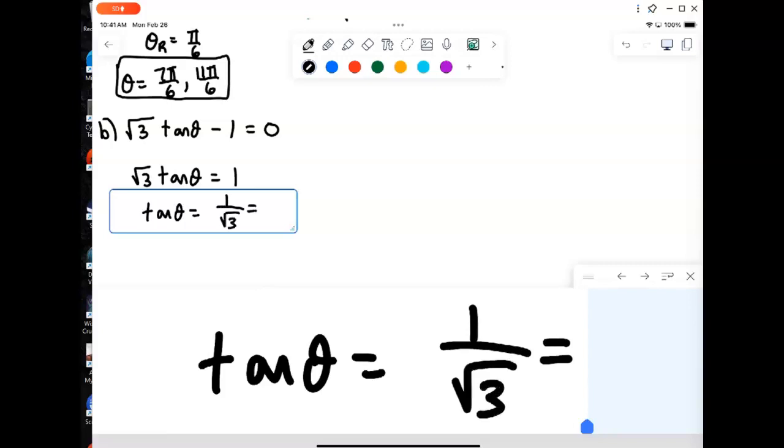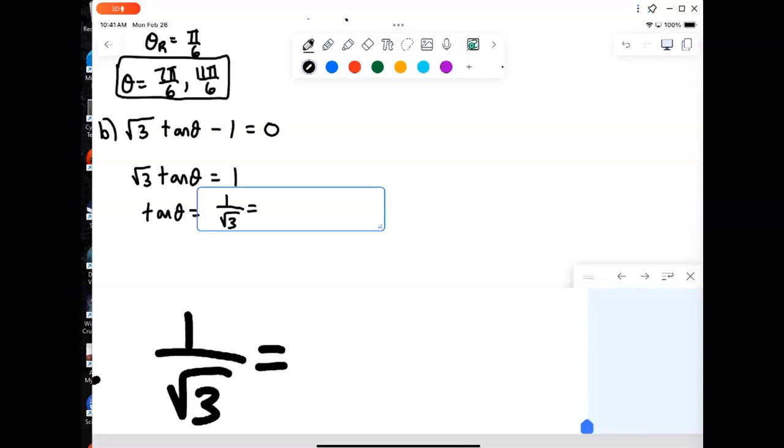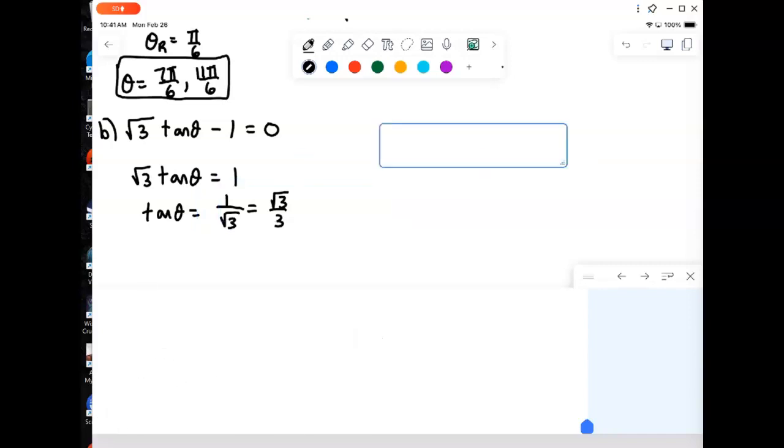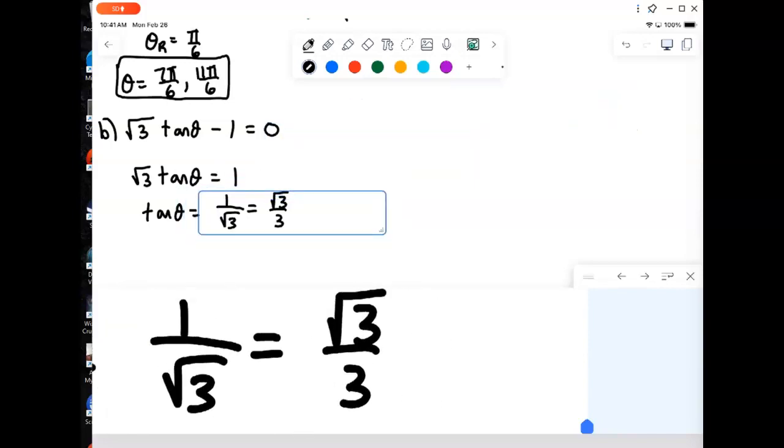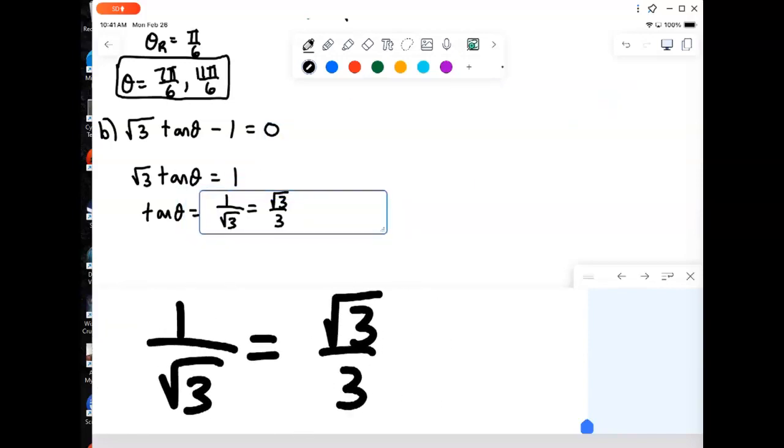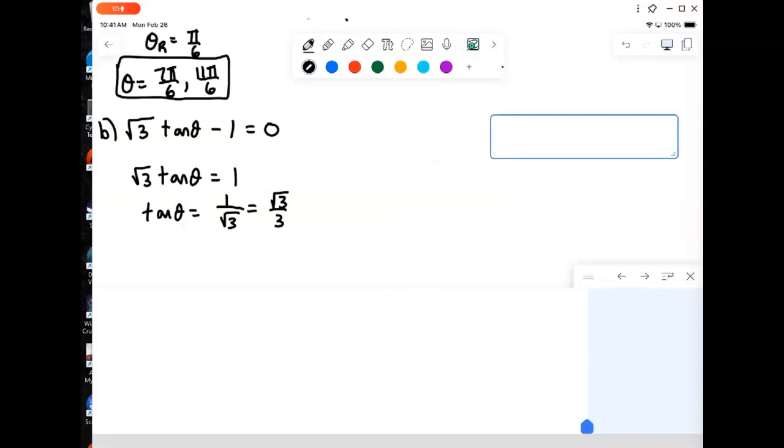We get 1 over square root of 3, and we can rationalize that as square root of 3 over 3. We just have to remember which angle that is. If you have trouble keeping track of those, just remember your sine and cosine. We have two choices here, either pi over 6 or pi over 3. So we check in our mind: tangent is sine over cosine.